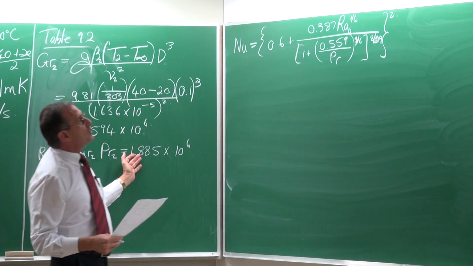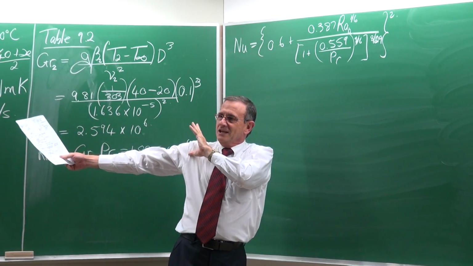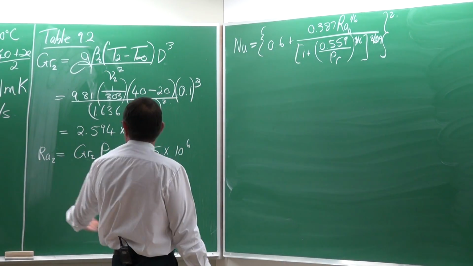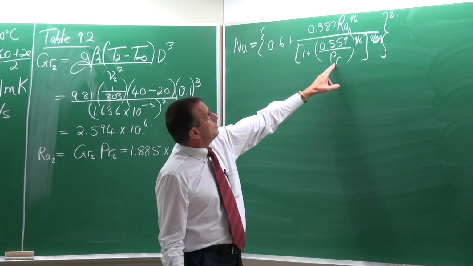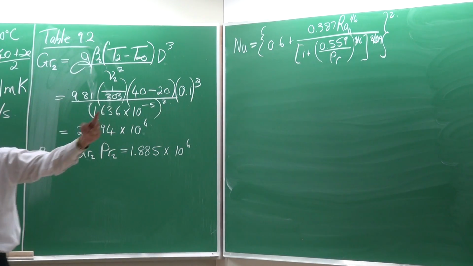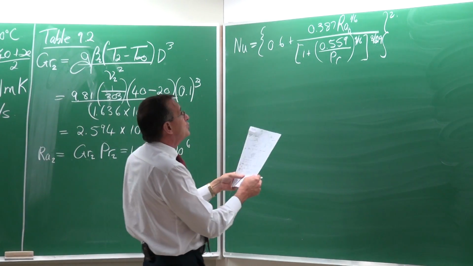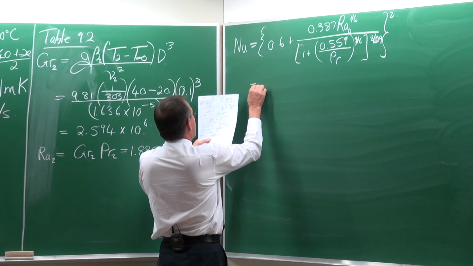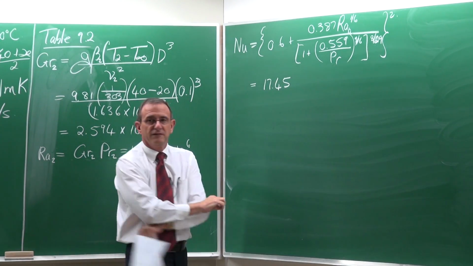I'm not going to put in all the values there because it is quite boring. Everything is there. We've calculated the Rayleigh number, and we've got the Prandtl number, so that's actually the only two things that go into that long formula. If you do the substitution, you will see that the Nusselt number then works out as 17.45.